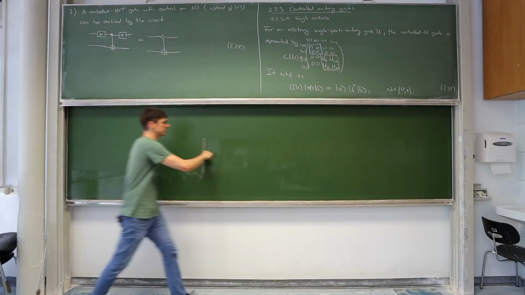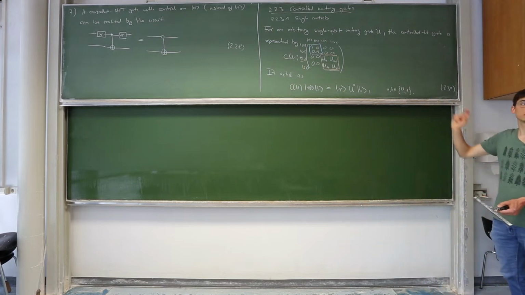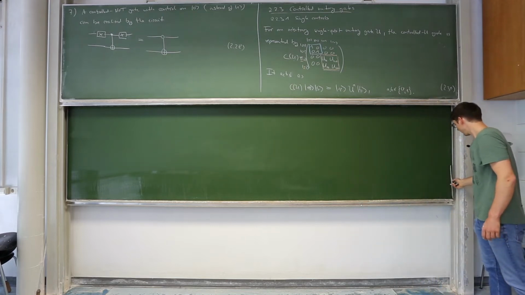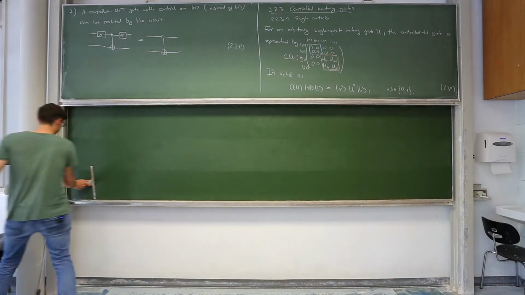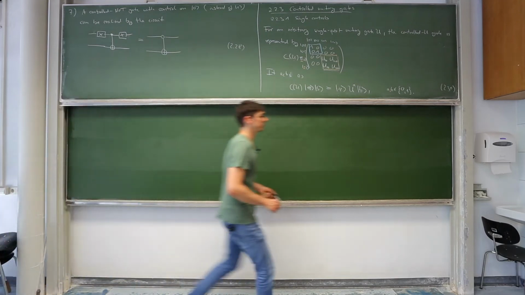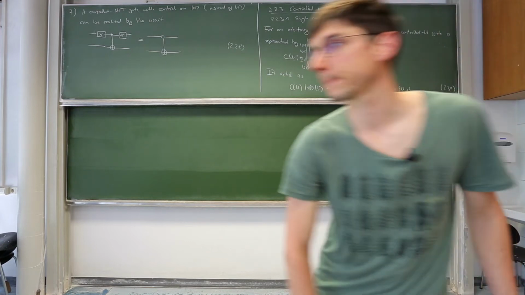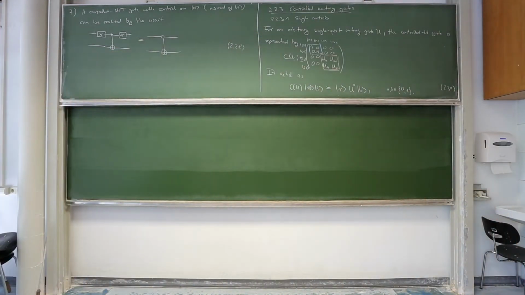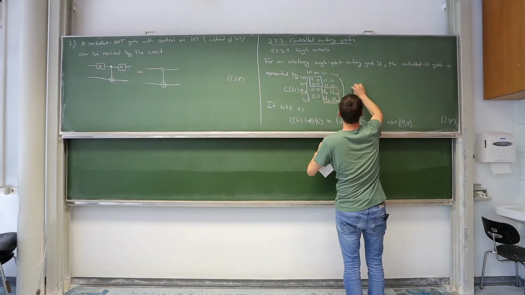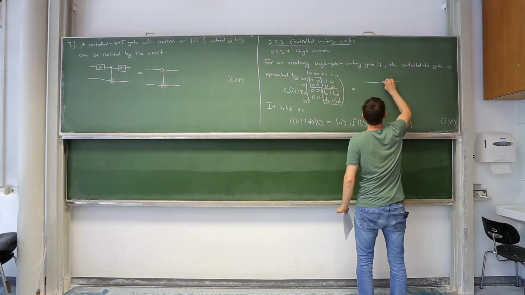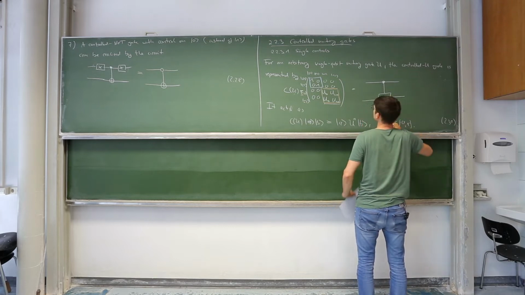So our aim now is to find a circuit diagram of such a controlled unitary in terms of CNOT gates and single qubit gate operations. I actually forgot to write down the diagram, so let me add here the diagram, which is a control on the first qubit, and then we perform the unitary U on the second qubit.